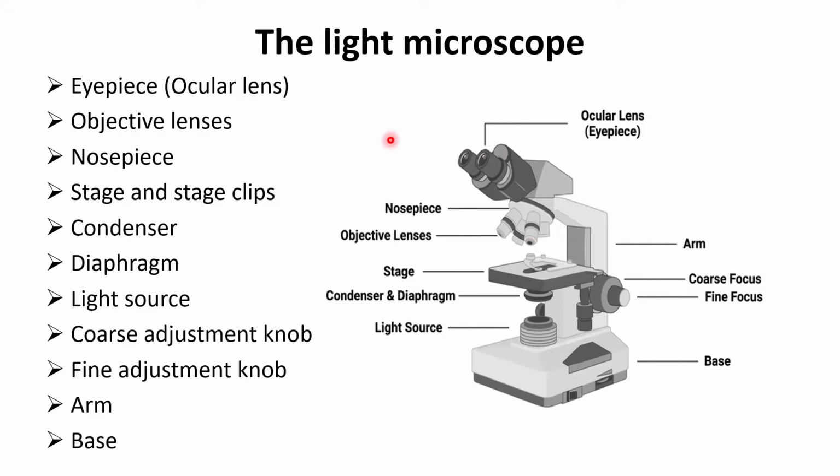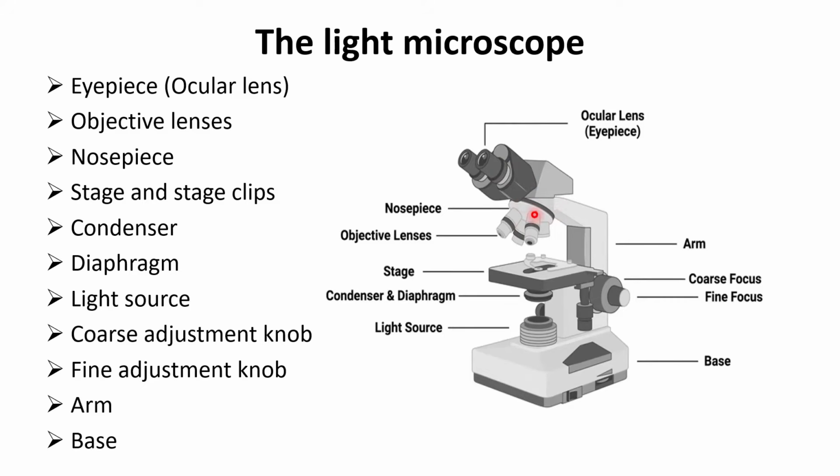Then you go to the body tube. Here you'll have the body tube. We didn't mention it before, but it's the one that connects the eyepiece to the objective lenses. Then you have the nosepiece, also known as the revolving nosepiece or the turret.